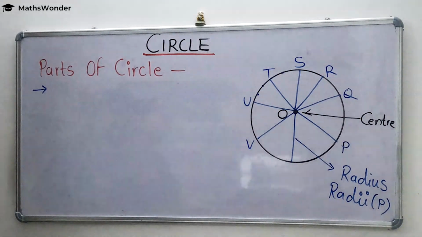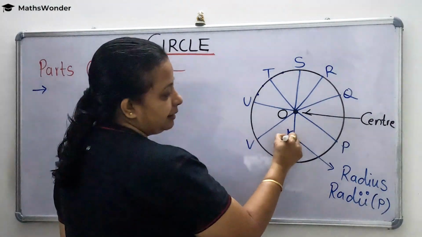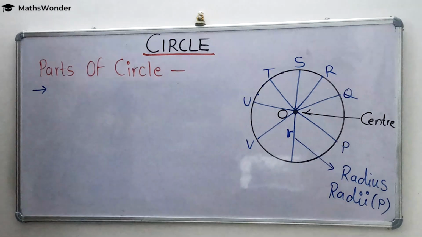Now, radius is always represented by a small letter r.